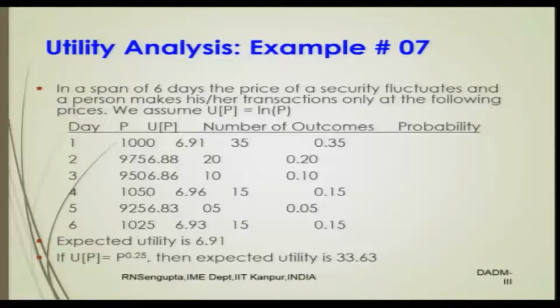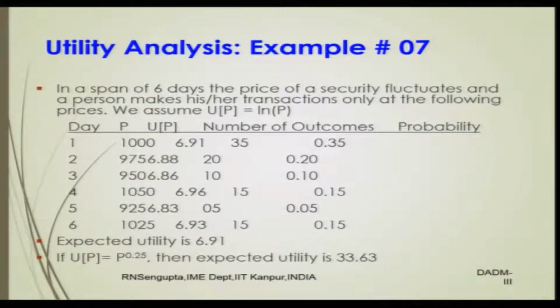So, consider that in a span of 8 days, prices of a security fluctuate and a person makes his or her transactions accordingly. We consider the utility function to be logarithmic. So, for the days, the prices are 1000, 975, 950, 1050, 925 and 1025.